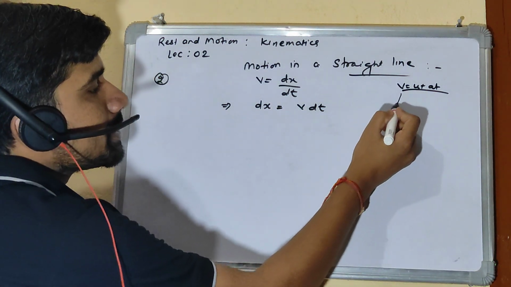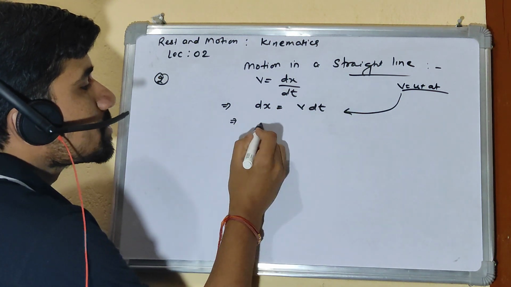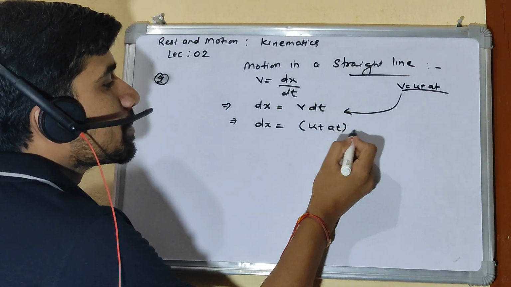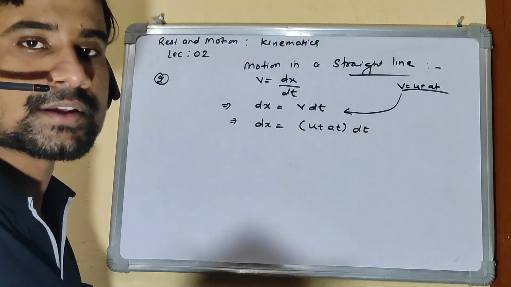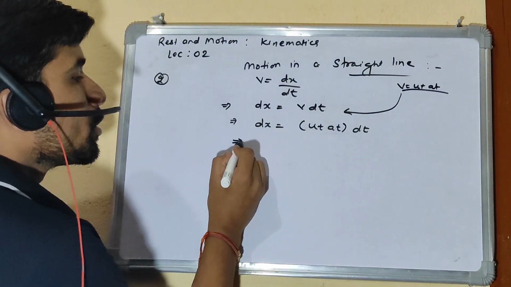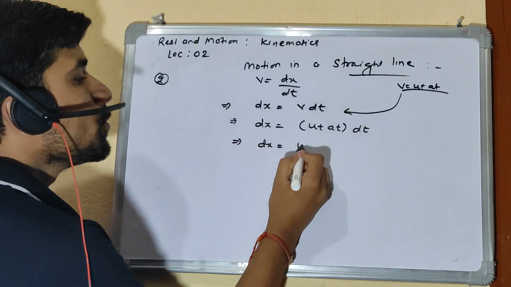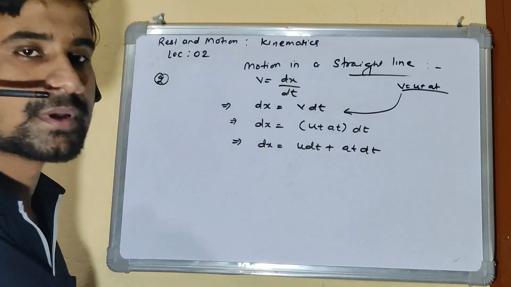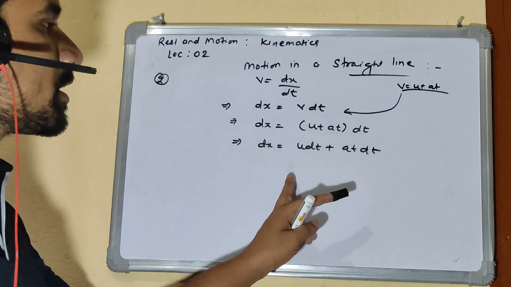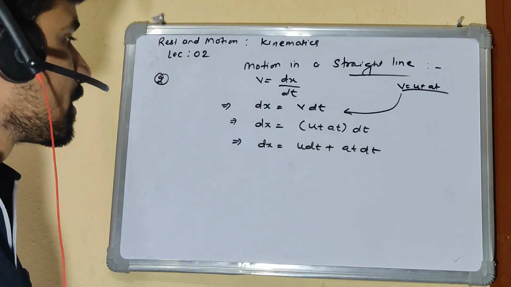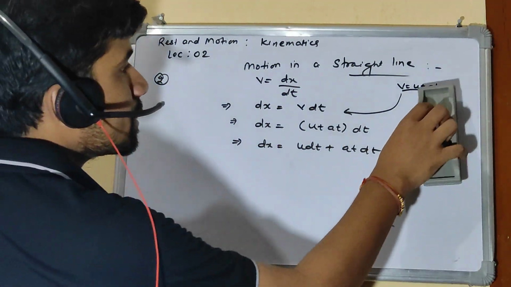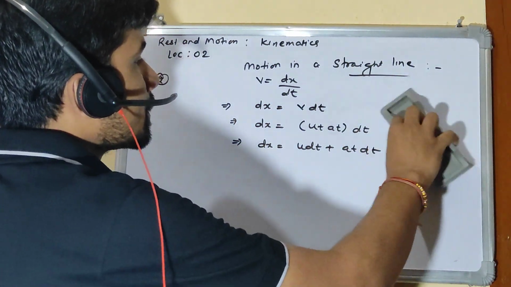If I place this v here, dx is equal to u plus at into dt. Now dx becomes u dt plus at dt. Right? u is my initial velocity, x is my displacement, t is my time, a is my acceleration, which is a uniform acceleration, right?